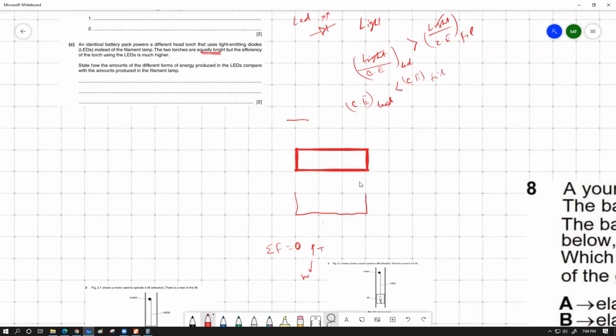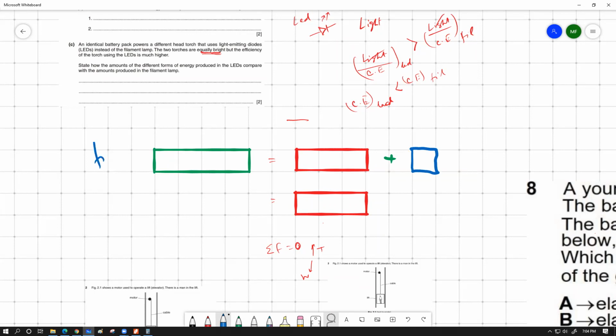Which comes from, for the filament lamp, the consumed energy is, let's say, I'm going to draw it green. Let's say the consumed energy is this much. How many boxes are here? 1, 2, 3, 4. For the filament lamp, let's say the consumed energy is this much, which means we're going to have some heat energy of 1 box. এটা কি বুঝতেছো?